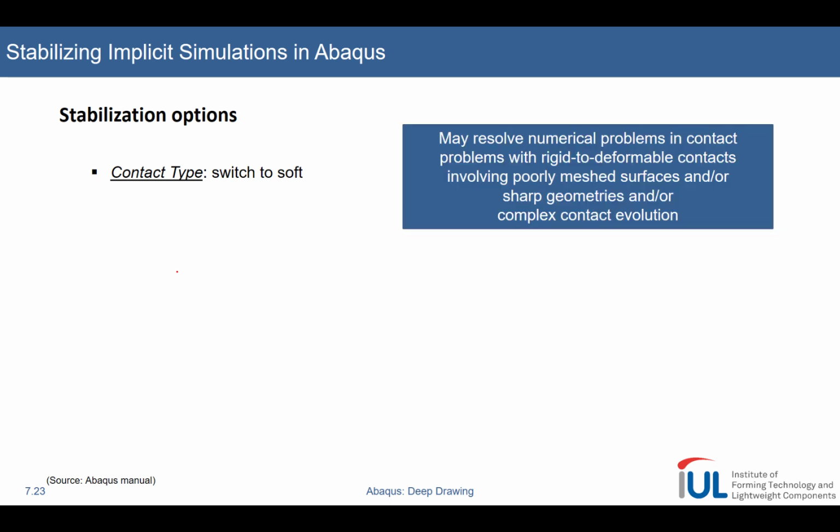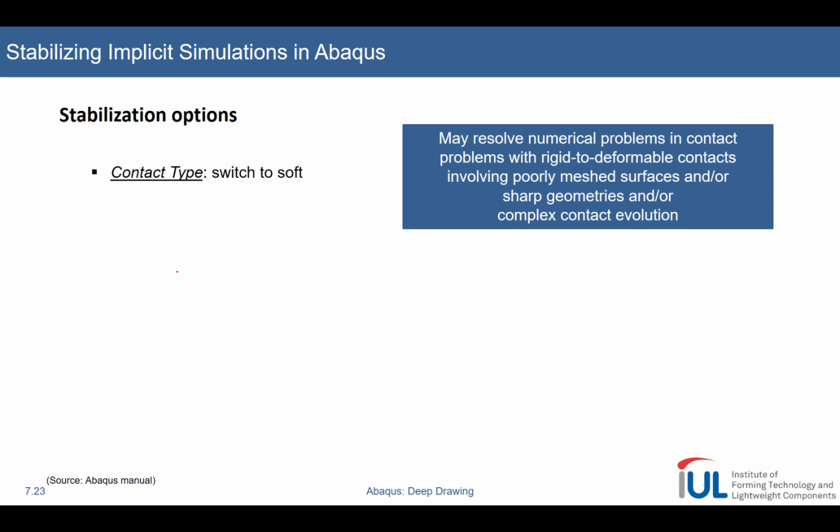The next, and I wanted to summarize. So they may resolve numerical problems and contact problems, especially for rigid to deformable bodies, and even more so if your mesh is not very well defined.